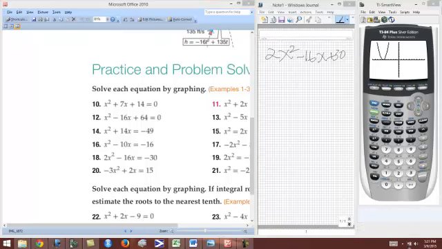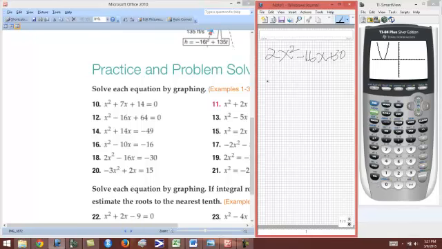All right, so I'm going to factor a 2 out of everything. So I'll have 2 times x squared minus 8x plus 15. Okay, so this is going to be 2 times, I got the wrong problem.